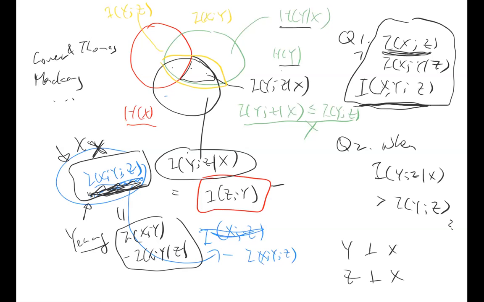Can that happen? I'm thinking x and y depend on each other. Oh yeah, I can do that. But I think that's the other way around, right? So that's not something I want.